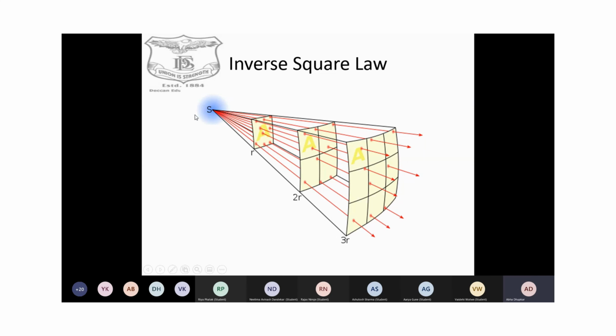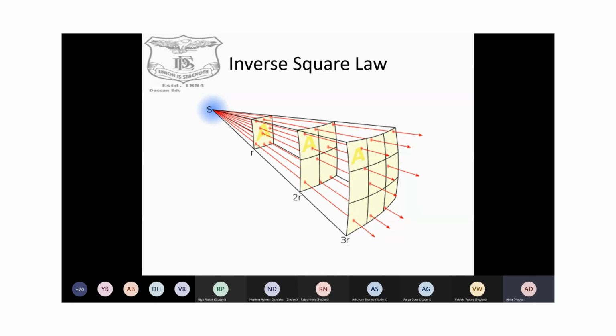The closer you are to the point source of radiation, the more intensity of the radiation will be felt. The farther you get away from the source of radiation, the lesser is the intensity that will be felt. Now how is the relationship between these two? The distance and the intensity of the radiation are inversely proportional to each other.